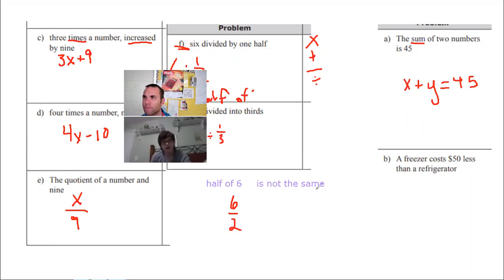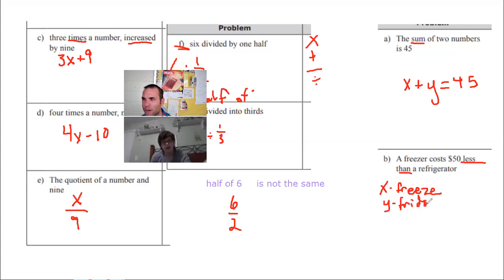So I'm still using the verb sum to tell me add, and then you have to be comfortable using x and y. Let's see, a freezer costs $50 less than a refrigerator. We don't know how much the freezer is or how much the refrigerator costs, but x can be freezer and y can be fridge.